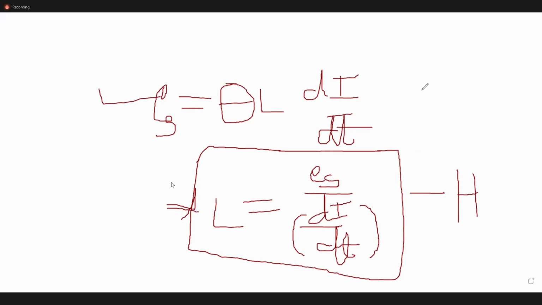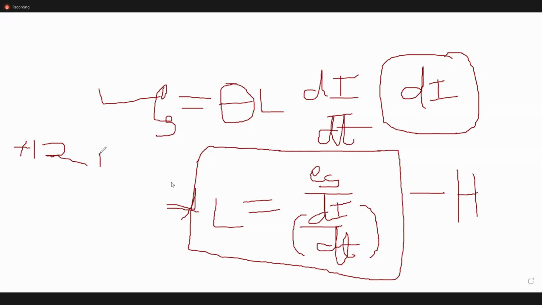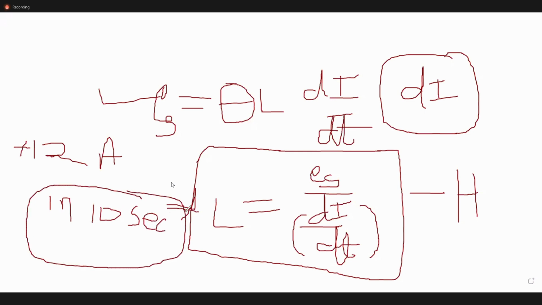Now, how to calculate di, the change of current? In the numerical, plus 12 ampere current was reversed in time 10 seconds. What is the meaning of this?